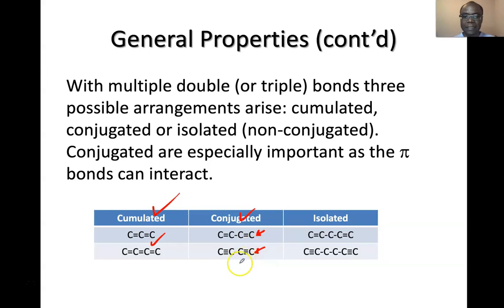Two triple bonds is diyne, two double bonds is diene. Where you have at least two single bonds separating the pi bonds, that's isolated. They are far away, so they are isolated. You see there are 2 single bonds there, and 3 single bonds here. Those are isolated systems. The one that's going to be very stable is the conjugated system because of resonance.